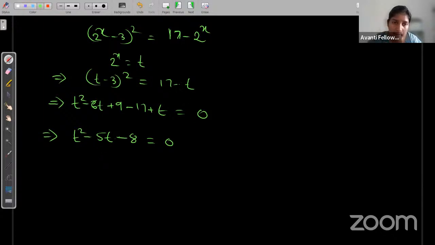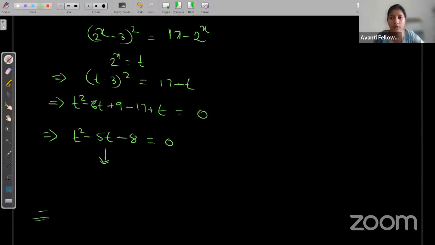Well, this is minus t, right? Correct. So what we have to do here is factorize it, find the factors, replace it by 2 raised to x, and find the value of x. And tell me the value of x in tomorrow's class. It's just a computation, so I'll leave this part to you all.